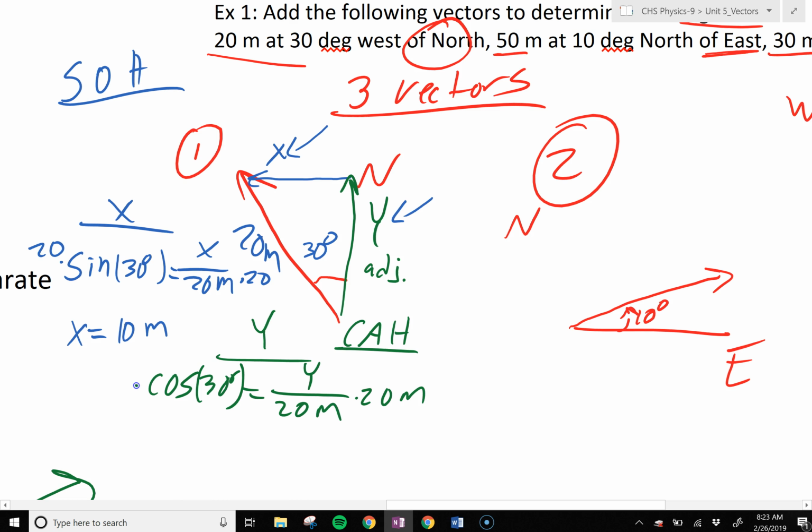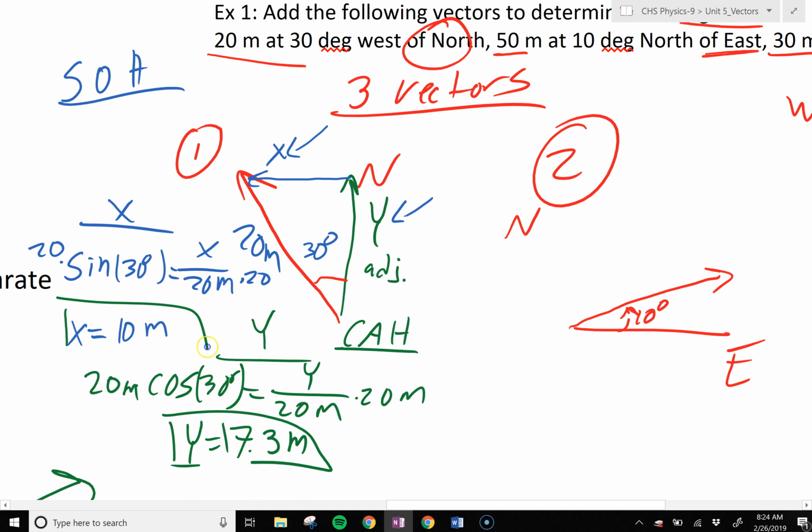Multiply both sides by 20 meters, and we end up with 17.3 meters. So for our first component, we've got in the x direction 10 meters, in the y direction 17.3.